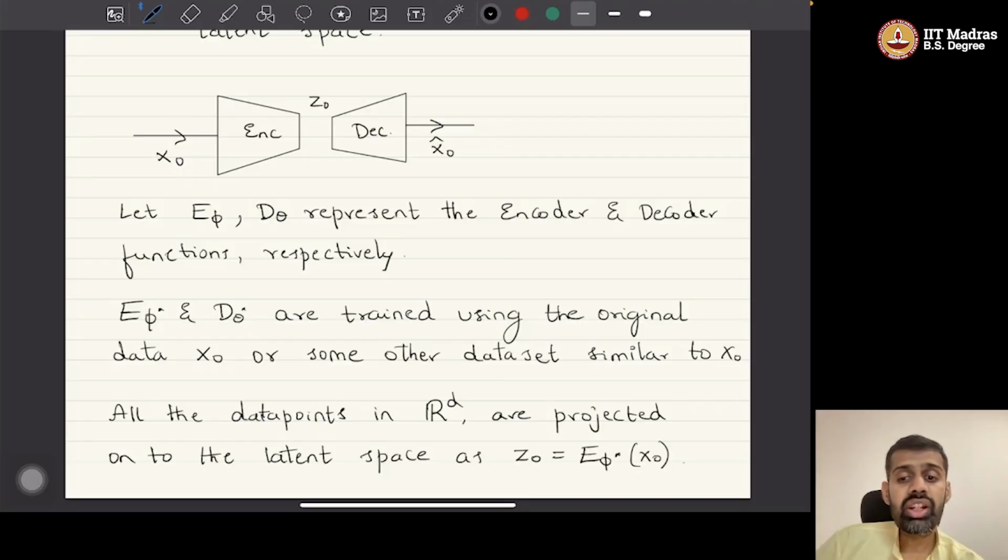Once we have an encoder trained, we can just take the trained encoder and project all the data points that we have onto the latent space.